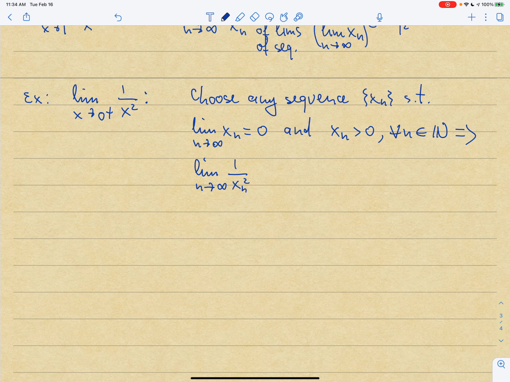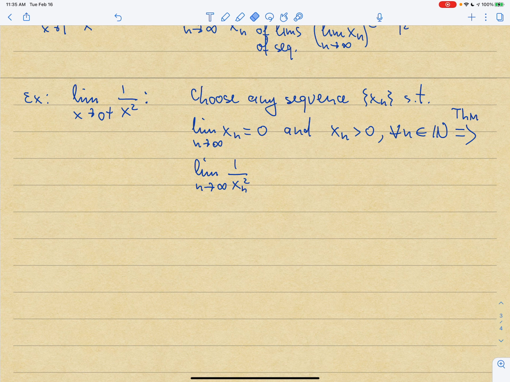But at some point we proved a theorem about sequences that go to 0 and stay positive, right? xn in this case is a positive number going to 0. xn squared, in fact, then is a positive number that goes to 0, again by properties of limits. We had a theorem that stated that when a sequence goes to 0 and remains positive, then 1 over that sequence must go to infinity, and vice versa, in fact.